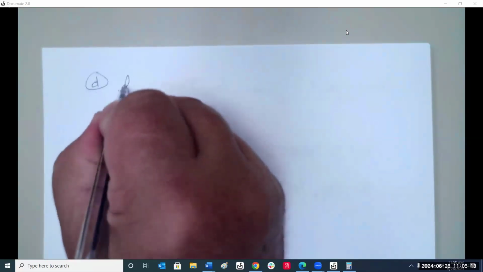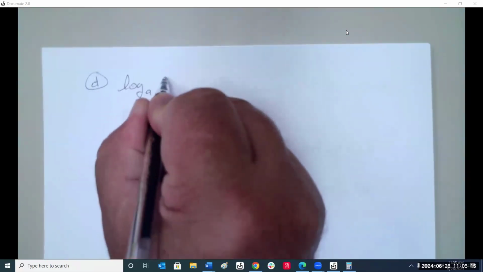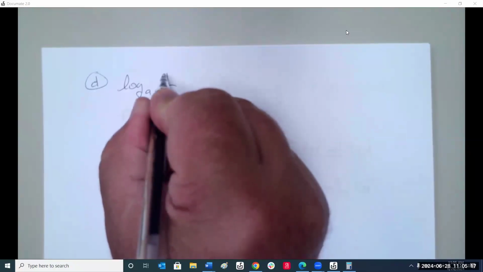D. Log base A of 1/4. Can we do anything here?